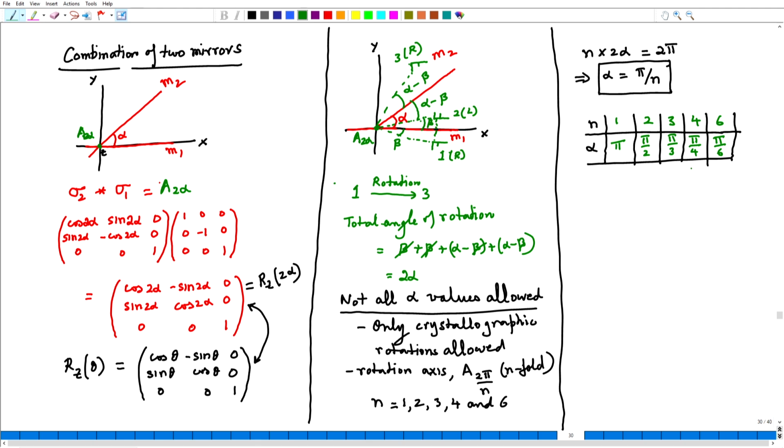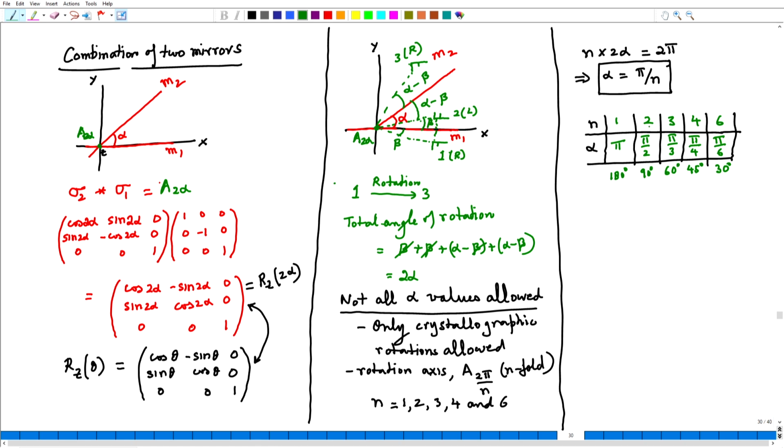So, let me just put down 180 degrees, 90 degrees, then I have 60 degrees, 45 degrees and 30 degrees. These are all the angles that are possible for the two mirrors M1 and M2.